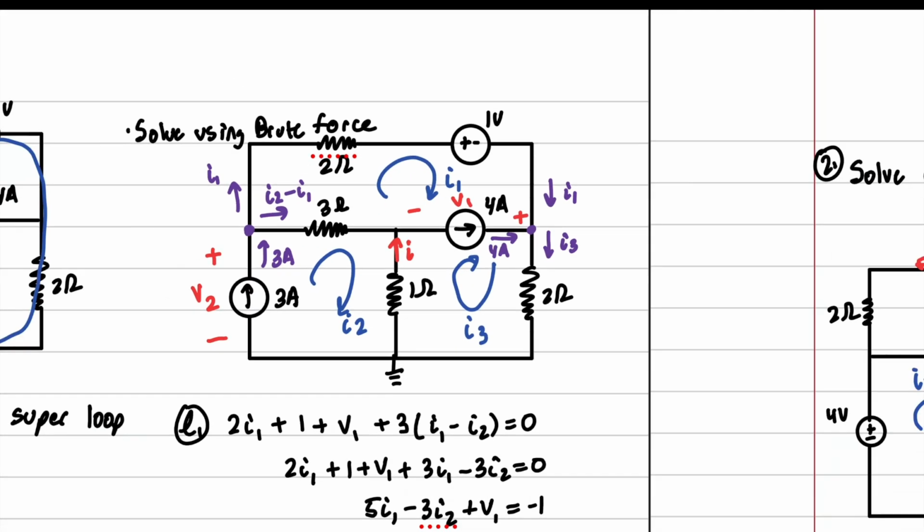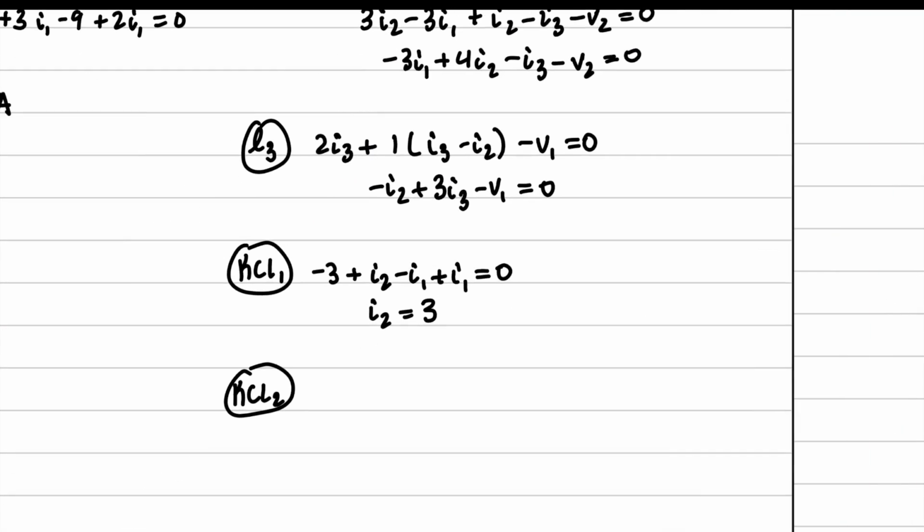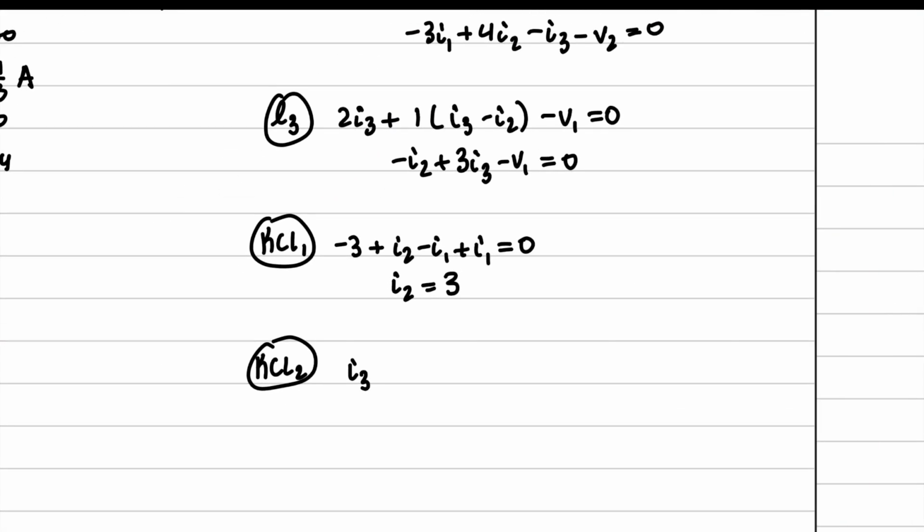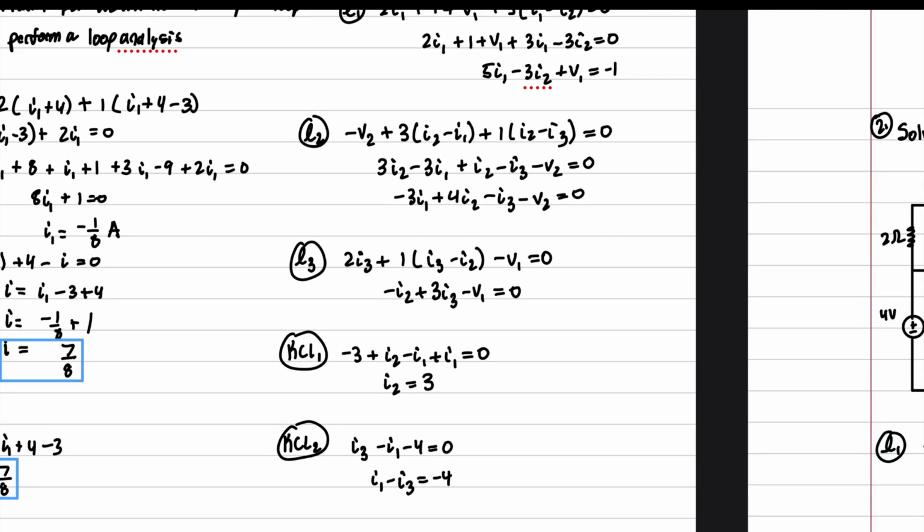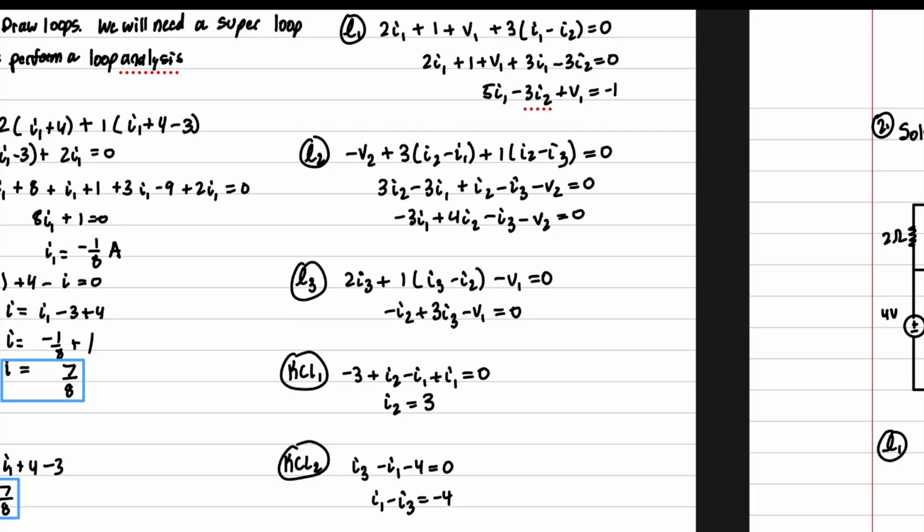And so we get I3 minus I1 minus 4 equals 0, or we can say I1 minus I3 equals -4. All right, so now we have 5 equations, 5 unknowns. We can go ahead and solve.